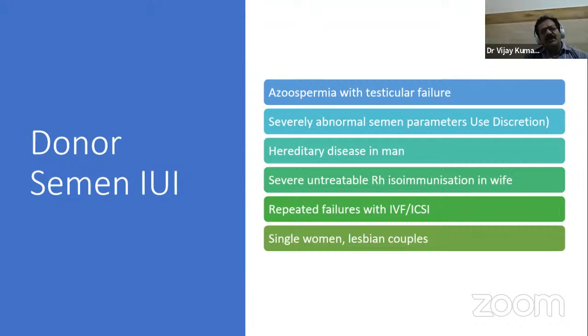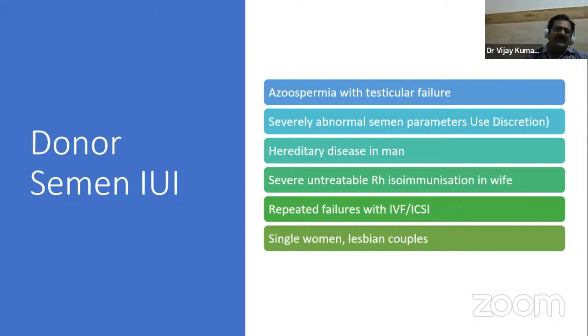In IUI, there are two types. Either we can utilize the husband's semen sample, or else if the husband's semen sample is of very poor quality, then we may have to do IUI with a donor sample.